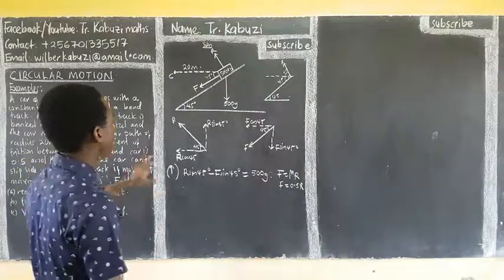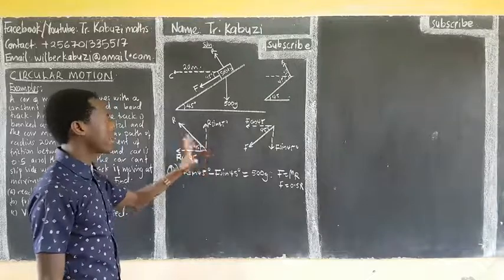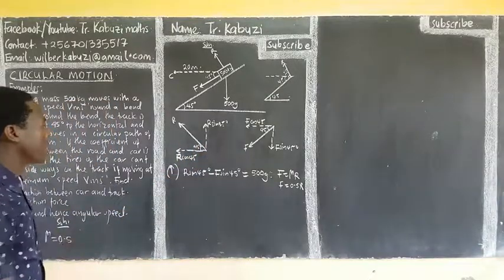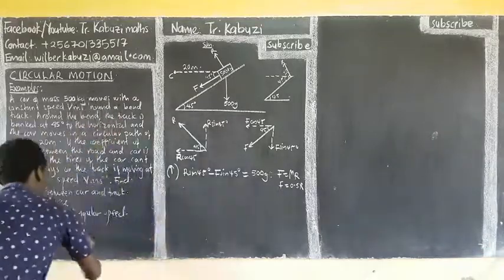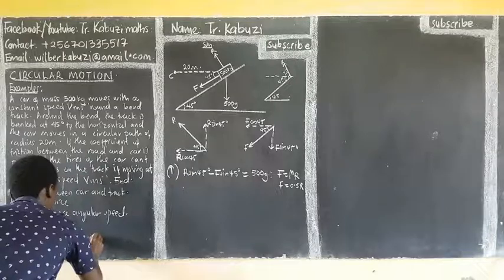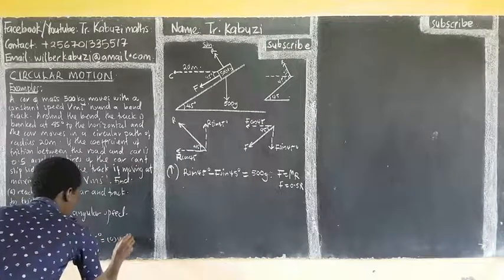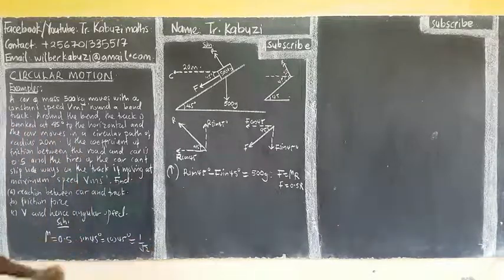So basically, it depends where you put this angle. If you put it here, it's fine, as long as you know how to resolve those forces. Now, you know that sine 45 degrees is equal to cos 45 degrees, which is equal to 1 over root 2. These are special angles.